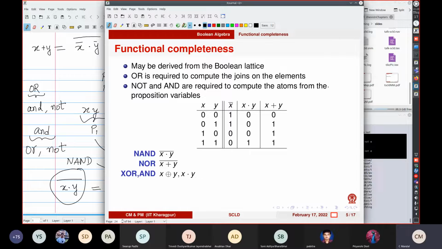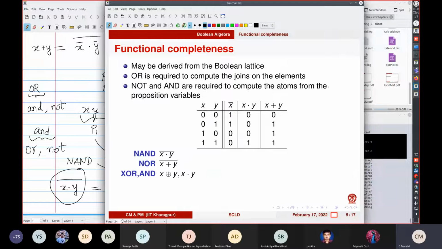So in fact, we'll see how we can analyze the functional completeness of a set of operations. We'll see that later. But that's an interesting observation. If you are given a functionally complete set, it's not so difficult to show that it is functionally complete.